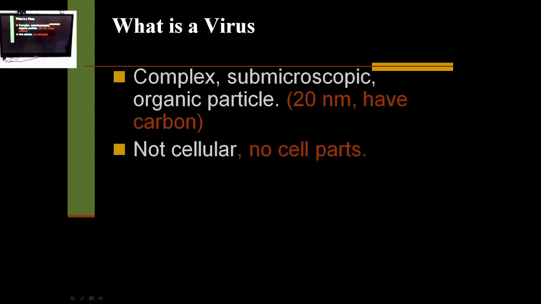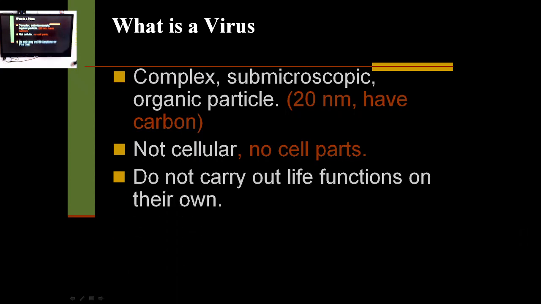So a virus is a complex submicroscopic organic particle. The size is almost 20 nanometers, it has carbon and is not cellular. There are no cell parts, and viruses do not carry out life functions on their own.